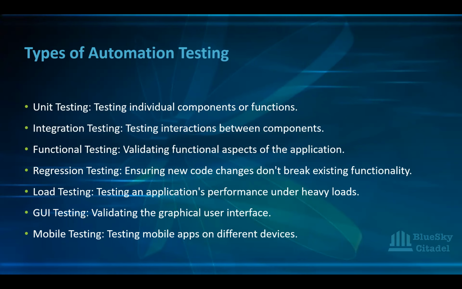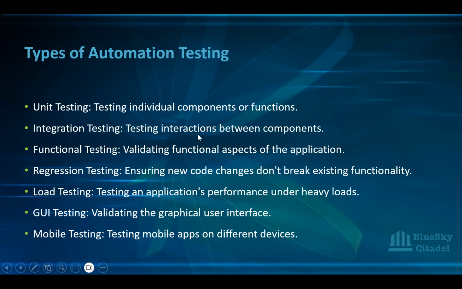Sometimes they have to write integration tests. The integration test examines how various components or modules interact when integrated into a complete system. What integration testing does is to verify that these components work together.